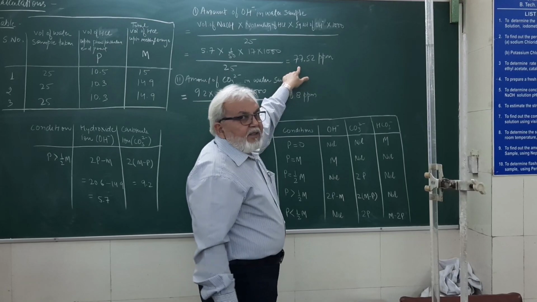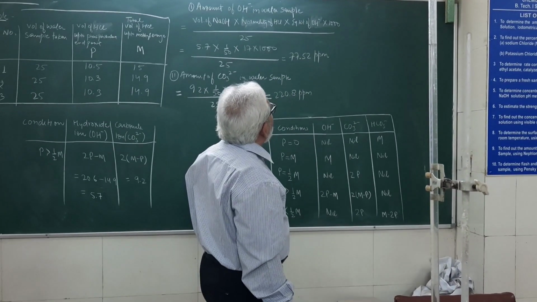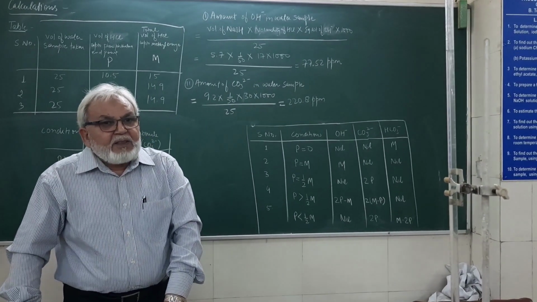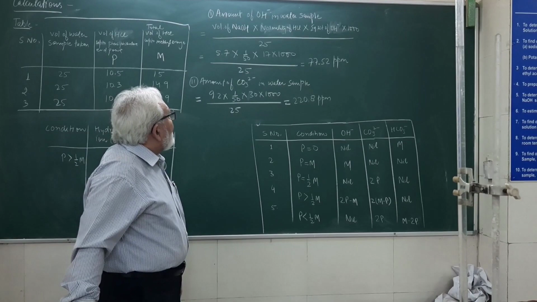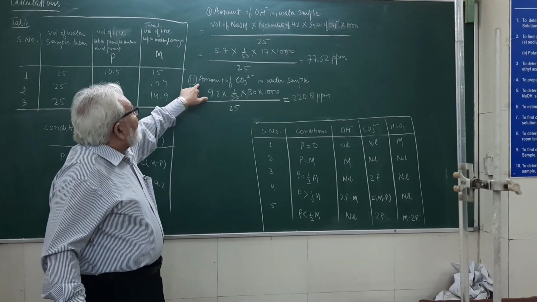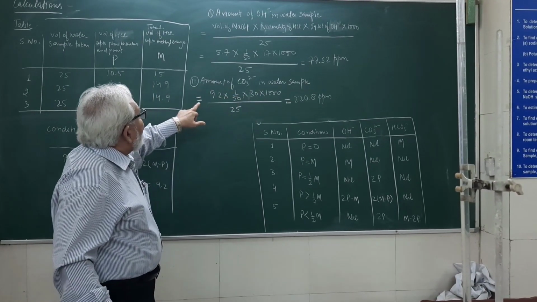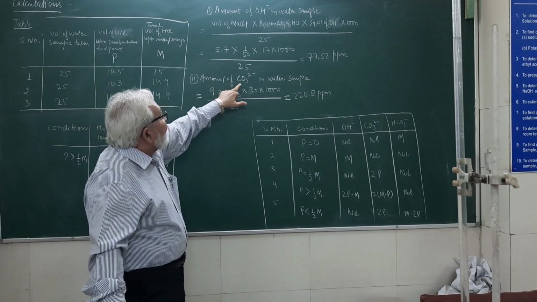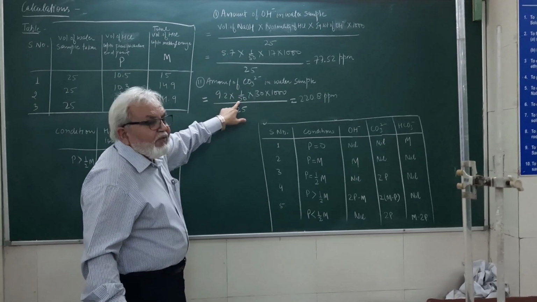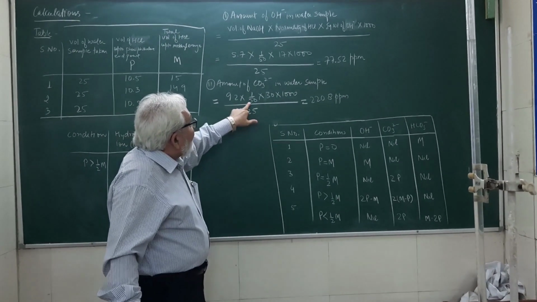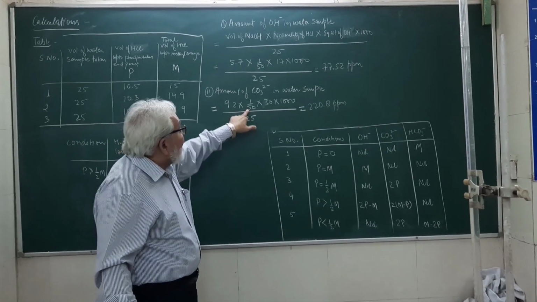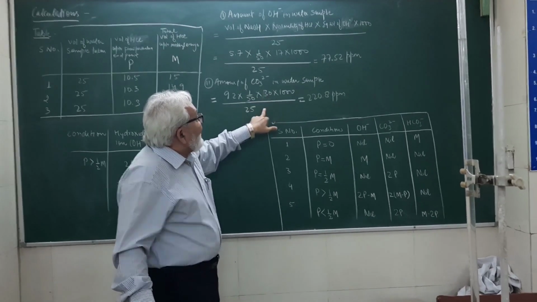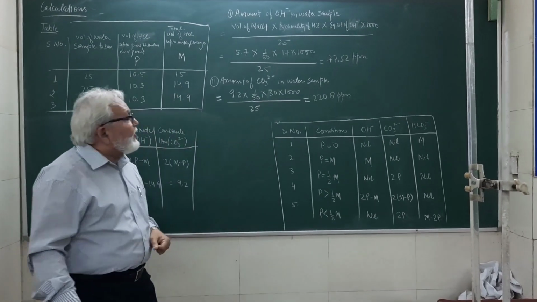The value comes to 77.52 ppm. That is, the alkalinity for hydroxide is 77.52 ppm. And then the amount of carbonate in the water will be equal to the volume of HCl consumed for the neutralization of carbonate multiplied by the normality of HCl, which is 1 by 50, multiplied by the equivalent weight of carbonate, which is 30, multiplied by 1000 divided by 25.